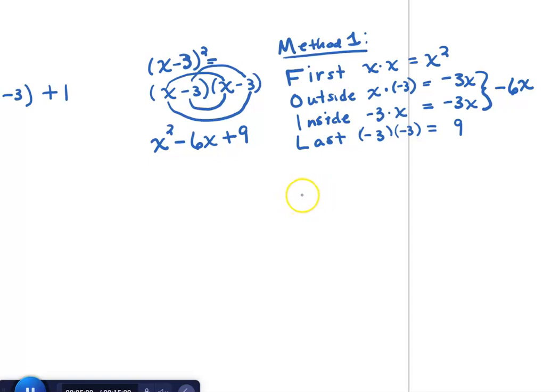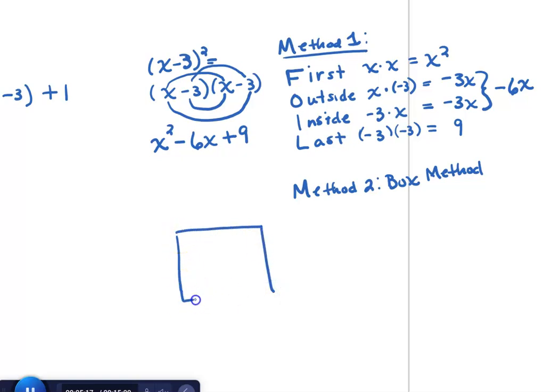Method 2 is the box method. And if you're a visual person, this might be the way that you choose to multiply two binomials. Or it can be used to multiply any polynomials. But what you do is you set up a box like so. And I'm going to put x minus 3 across the top and x minus 3 down the left-hand side.